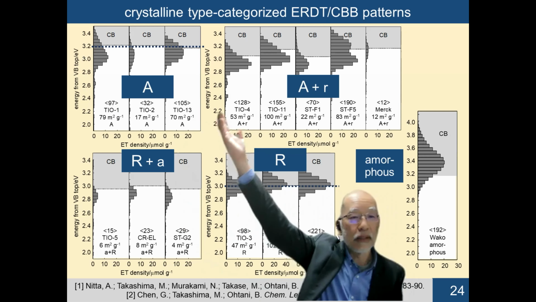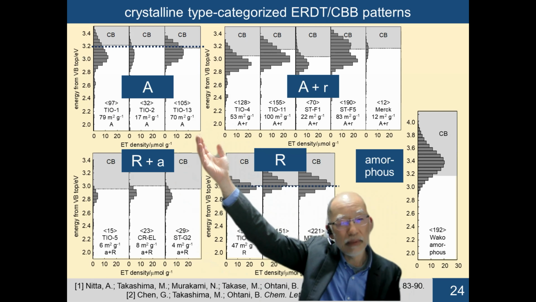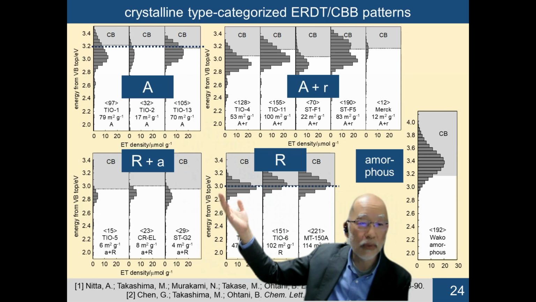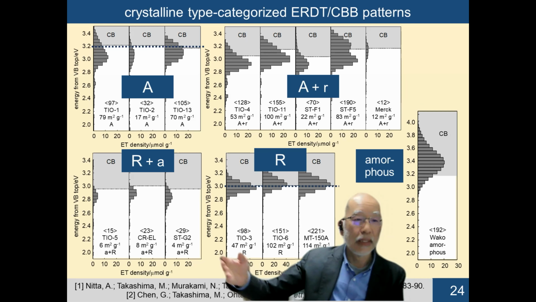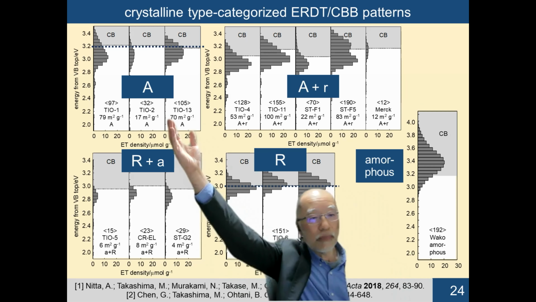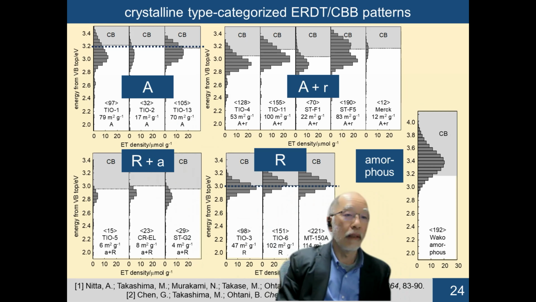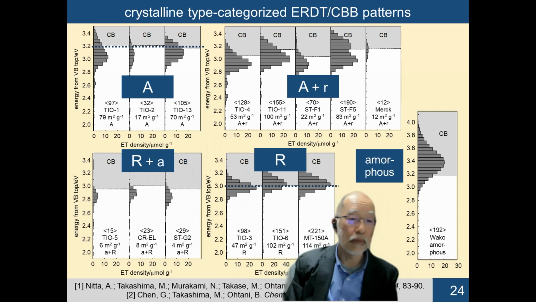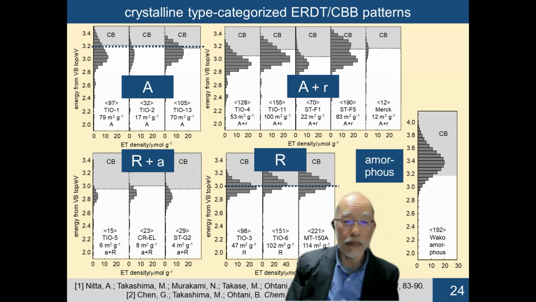The dotted line is about 3.2 electron volts for Anatase, and for Rutile it is 3.0 electron volts. But for samples with almost the same specific surface area, TiO1 and TiO13, the electron trap pattern, ERDT, is completely different. So this may give the surface structure.